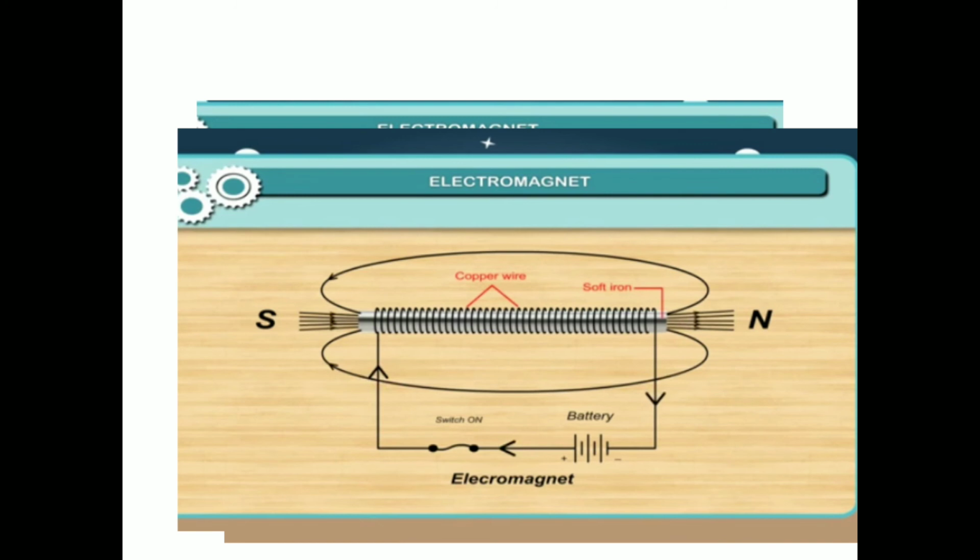So when you switch on the battery, what will happen? The electric current will flow through it, and because of this electric flow, the magnetic field can be generated. Because of this property, the magnetic field has developed, so it is called the electromagnet.